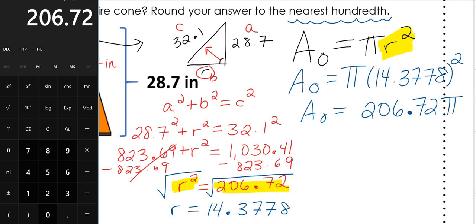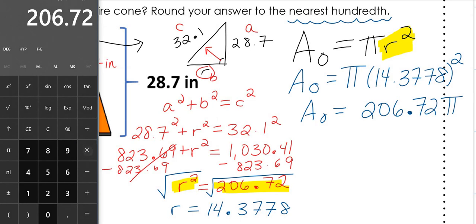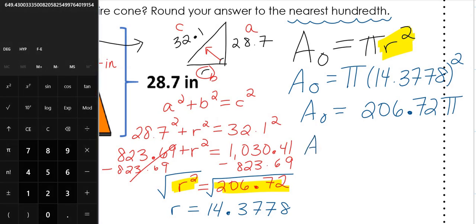And now we're going to multiply the pi in because I want our final answer to the nearest hundredth. So times pi equals, so now area of the circular base is 649 point, nearest hundredth, so 43, that's 2 decimals, inches squared.